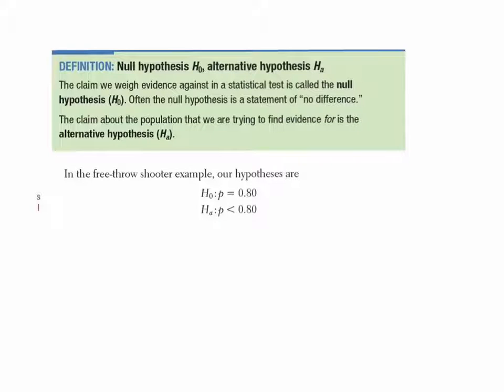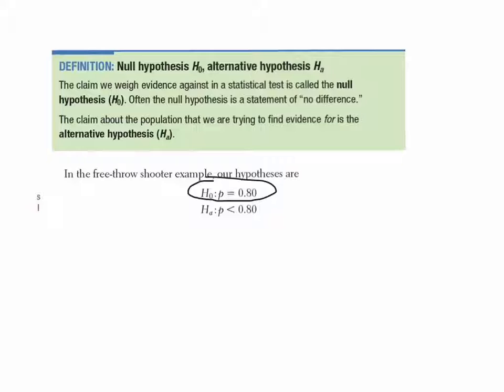This basketball player said, "Hey, I have an 80% free throw percentage. When I shoot my free throws, I make them 80% of the time." That's the null hypothesis. The symbol there is the H sub O. I like to call it the HO. Some funny stuff will come later. So that's the HO, the null hypothesis.